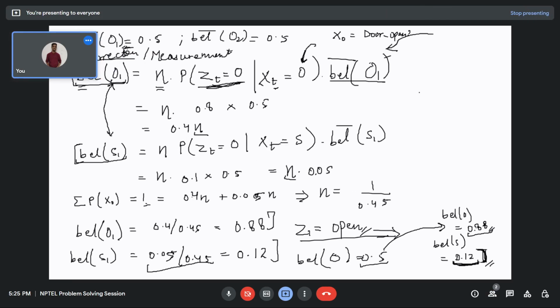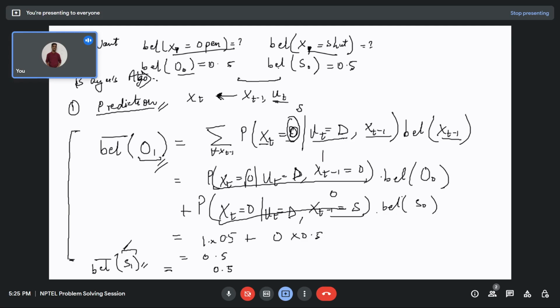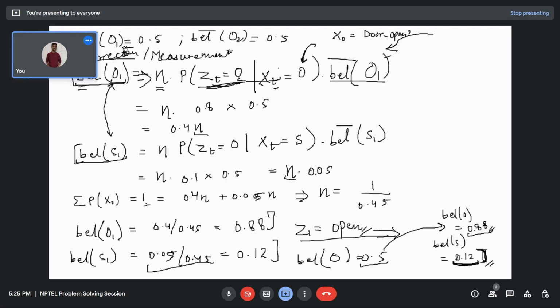Now that we have done this case, when you do nothing and the sensor reports it to be open, what we will do is take a measurement after pushing the door.